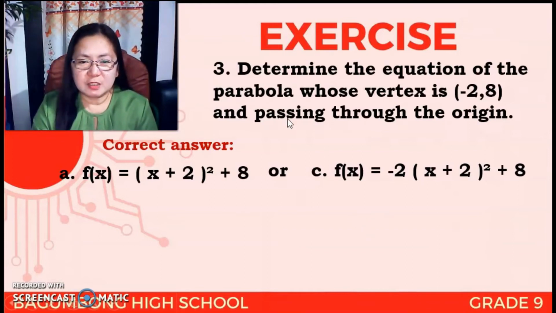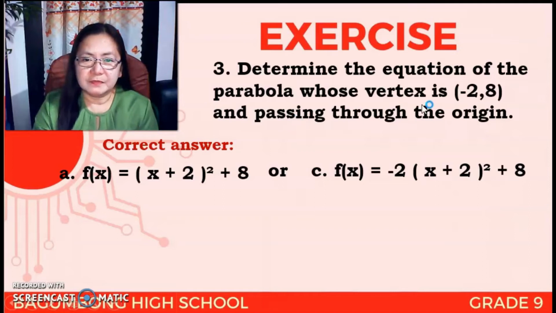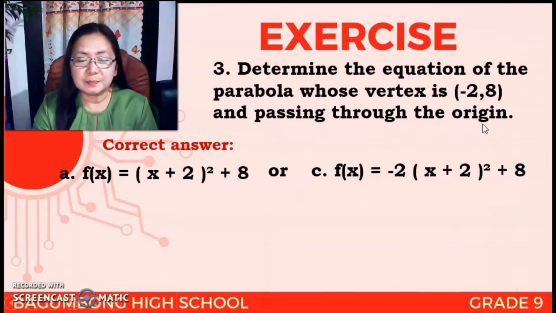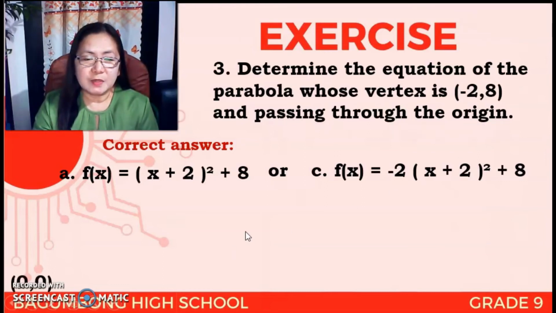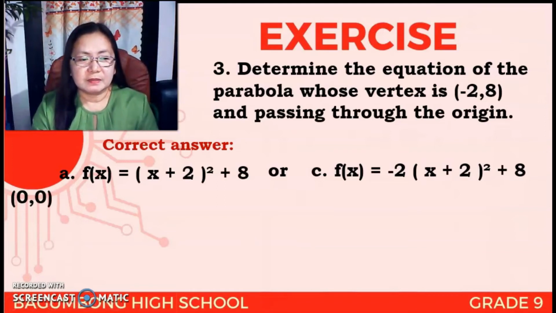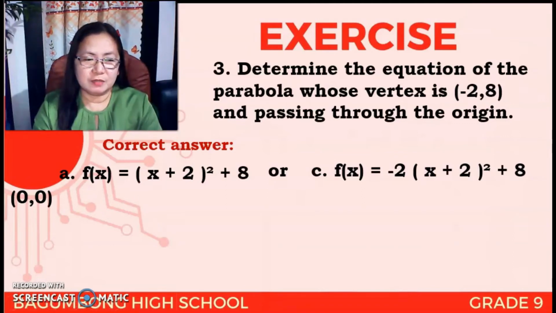There is a condition. The parabola passes through the origin. As we all know, 0, 0 are the coordinates of the origin.